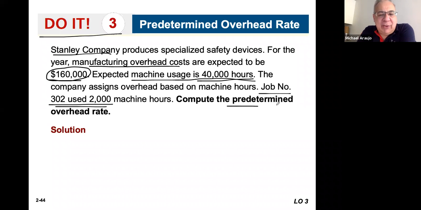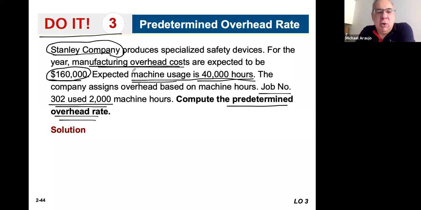And they ask you to say, what's the predetermined overhead rate for Stanley Company if they use machine hours to allocate overhead costs? Well, for some, this might be very obvious, right?